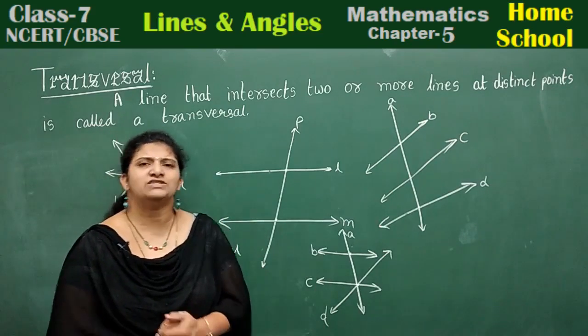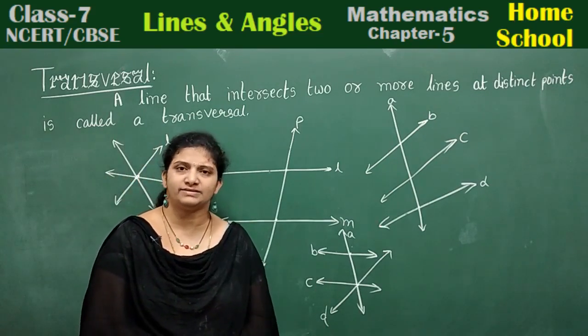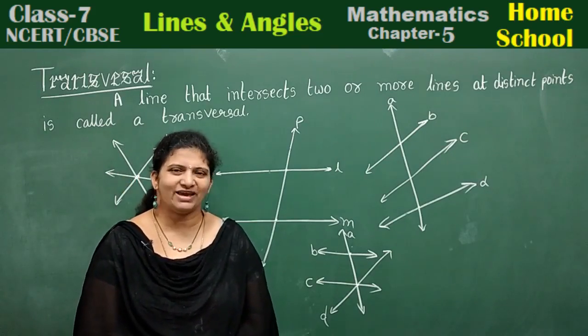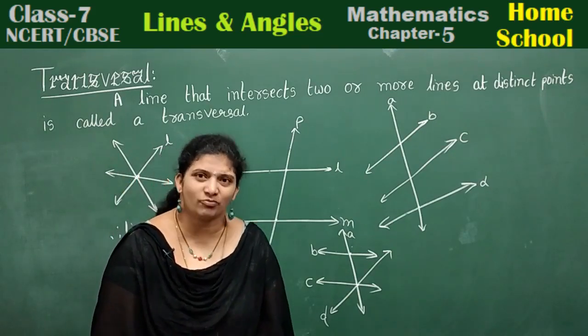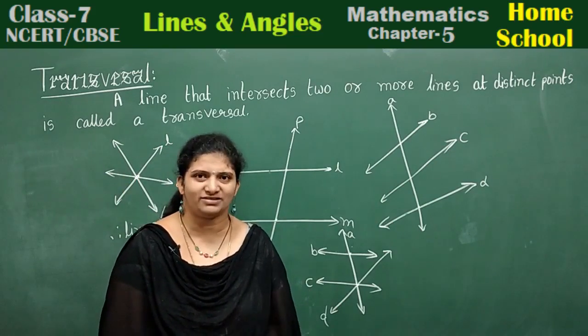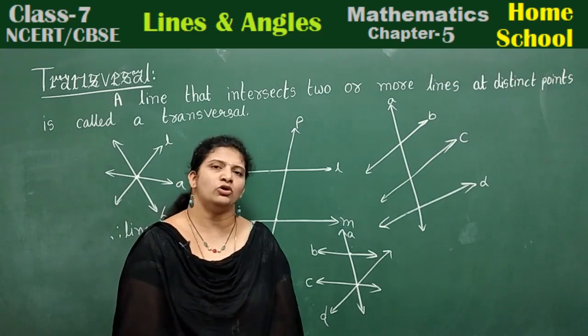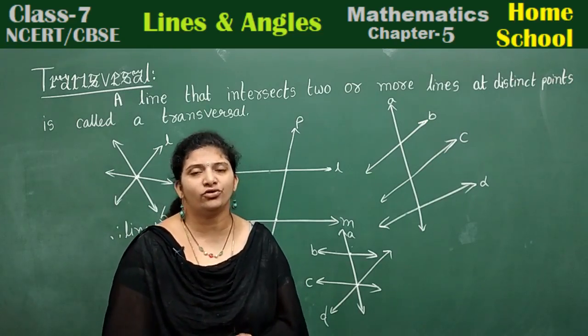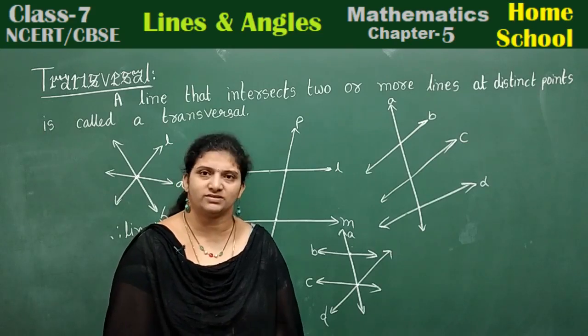Suppose a transversal is drawn for 5 lines, how many intersecting points are you going to get? 5, exactly. You are going to get 5 intersecting points when a transversal is drawn on 5 lines. Now one more question for you. How many transversals can you draw between 2 lines?